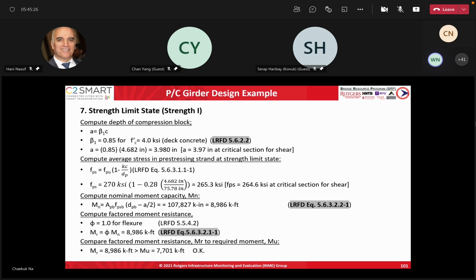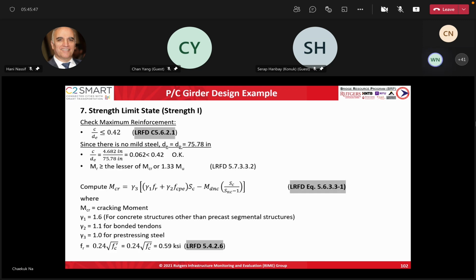And it has to be compared to M ultimate, or the required moment. Of course, it has to be higher. And as I mentioned, if it's not higher, we can just add some reinforcement if it's not off by too much. Otherwise, we need to change our design. Next slide.